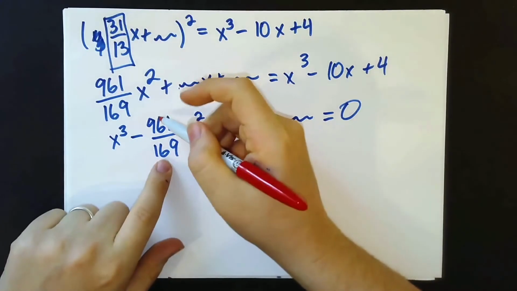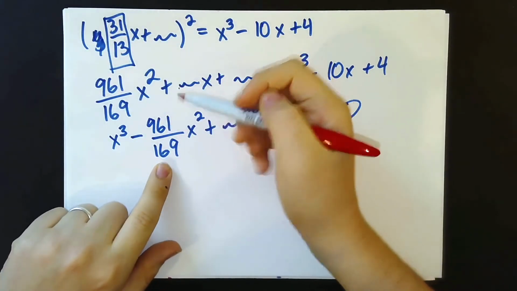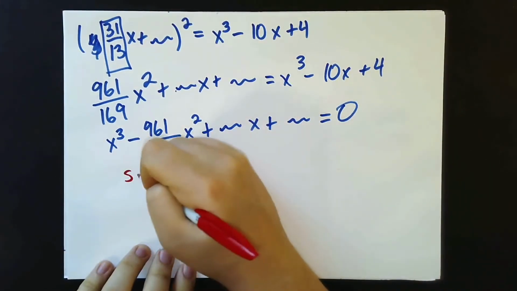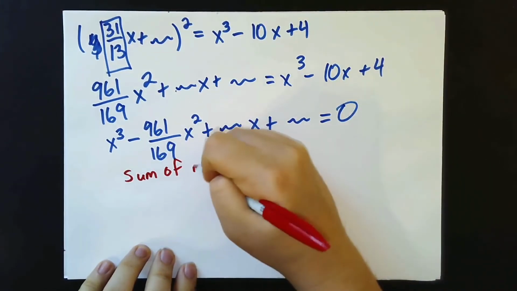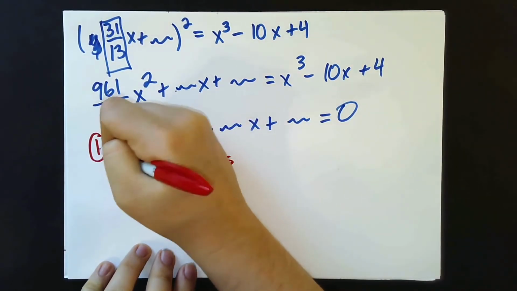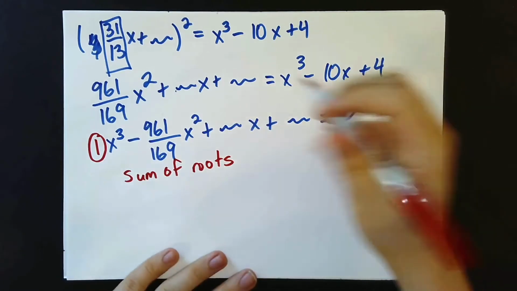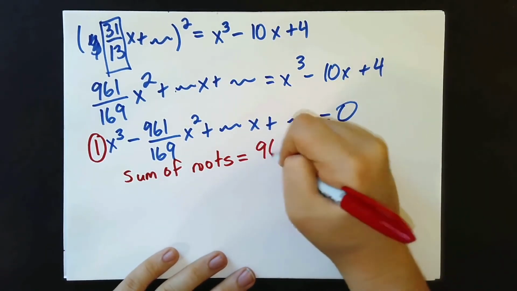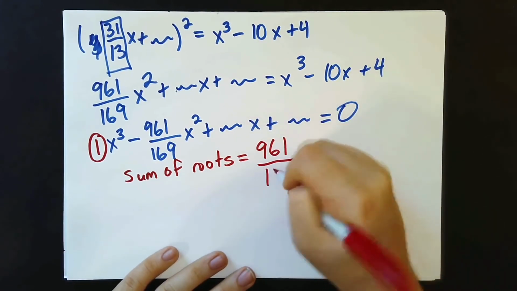And here is where we use our trick that the negative of this number, I should say, is the sum of the roots of this polynomial. And that's because, again, this is a monic cubic. That is, it's a cubic where the leading coefficient is 1. So the sum of the roots is 961 over 169.